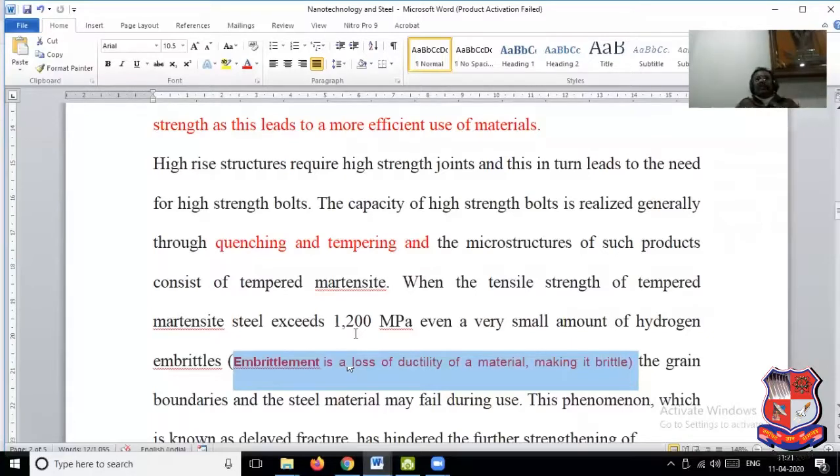You have to then take the results, and based on that you can say which temperature range is very suitable, how to do quenching, which temperature, which material. In many cases we use oil, in many cases we use water. Suppose in the case of a superconductor, we use liquid nitrogen also.